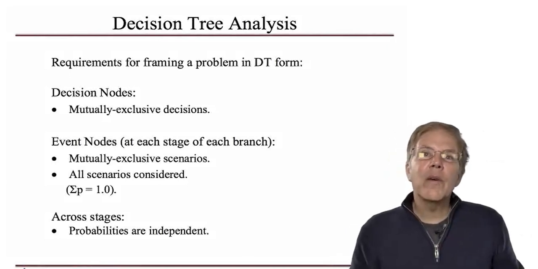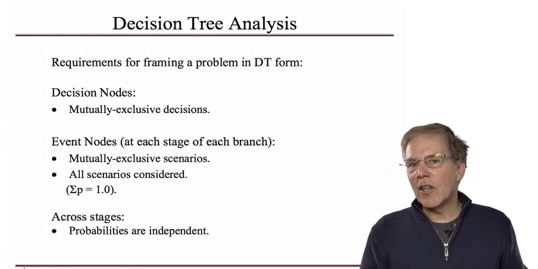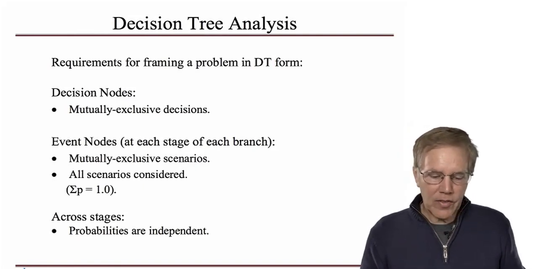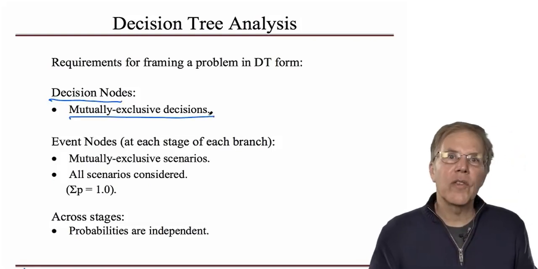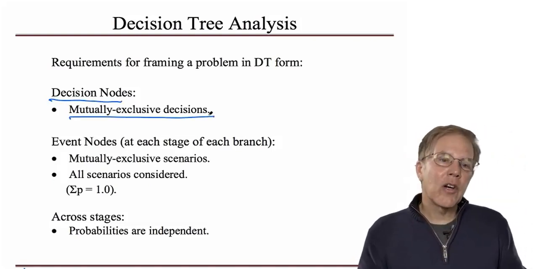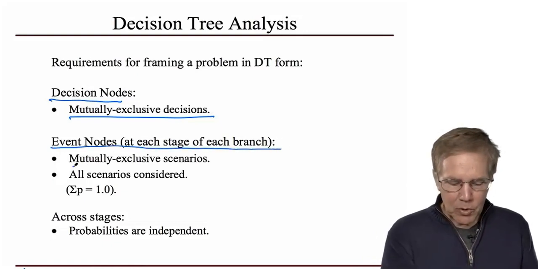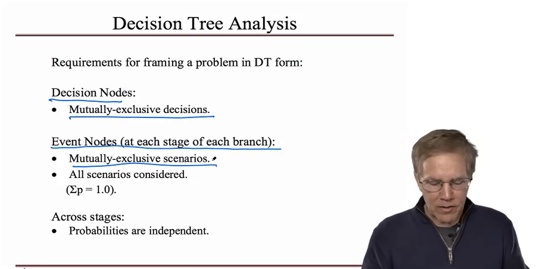Okay, so what do we need to be able to formulate an analysis in a decision tree form? At our decision nodes, as I said before, we're going to need mutually exclusive decisions. And at our event nodes, we're going to need mutually exclusive scenarios. Either we're awarded the contract or we're not, that type of thing.